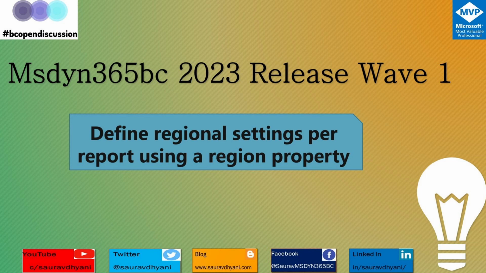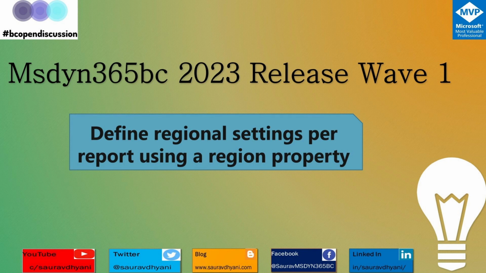Now, what is that? There are settings that tenant administrators can set for how the dates and numbers can be formatted, which can, of course, be overridden by user settings if needed, but a developer can also define that. So let's start from the beginning.